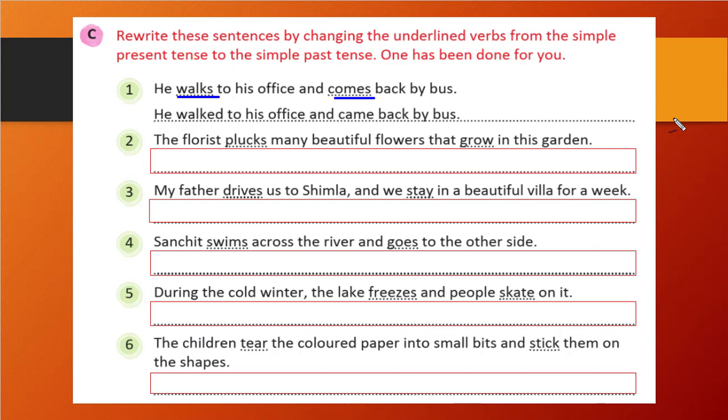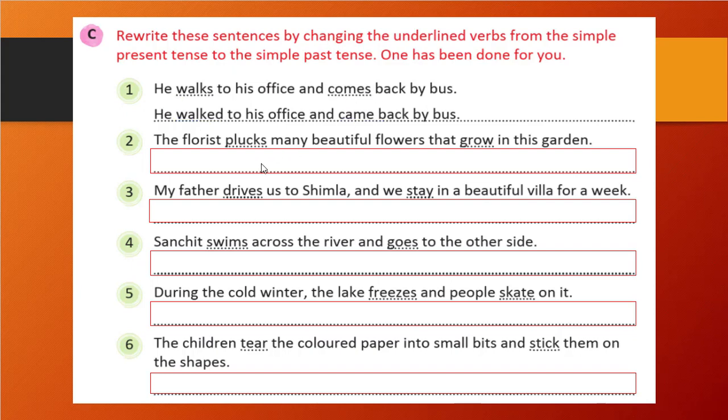Okay, and we need to make the appropriate change if there is one, and complete the sentence. So here walks' past form is walked. So he walked to his office, and comes' simple past form is came back by bus. So we just change walks to walked and comes to came to convert simple present tense to simple past tense. Okay.